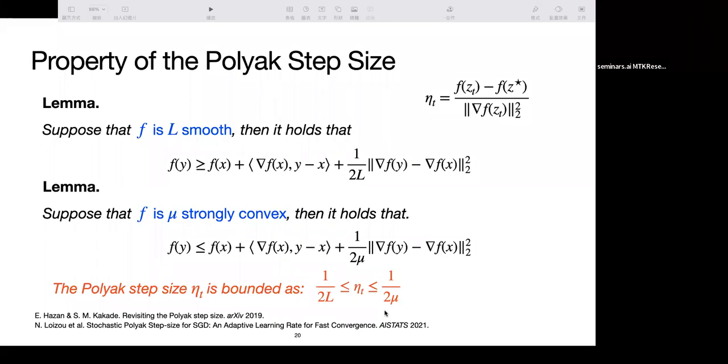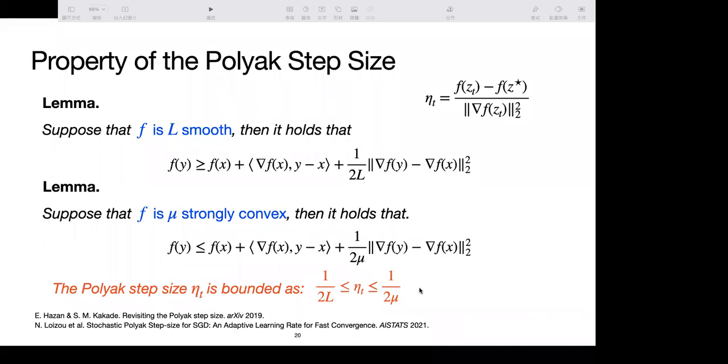But typically in many applications, we don't know the smoothness parameter and the strong convexity parameter. So we cannot accurately choose a constant step size that falls into this range. So that's why the Polyak step size is an adaptive step size that can adapt to the function and the geometry of the function.